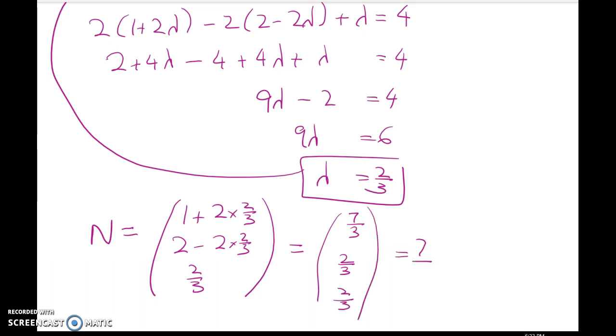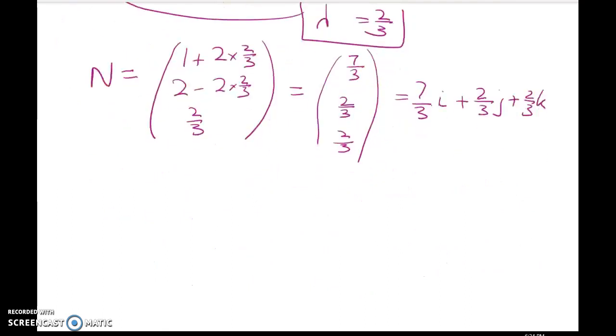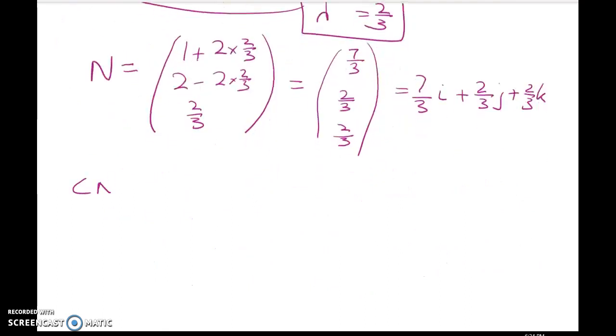Or you could write it with i, j, and k. Doesn't really matter. Okay, now the next thing we've got to do is to find the vector going from point C to point N. So point C had coordinates 1, 1, and 4.